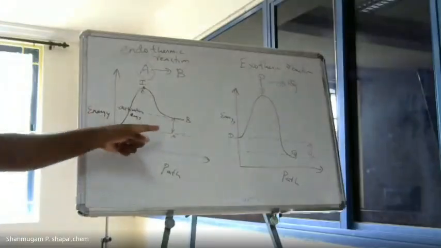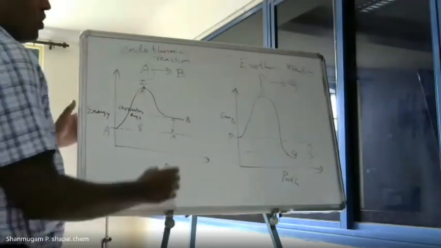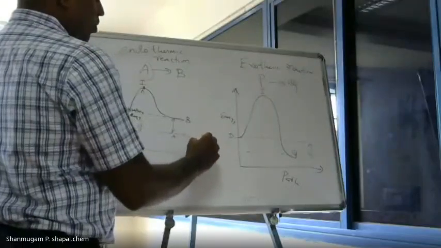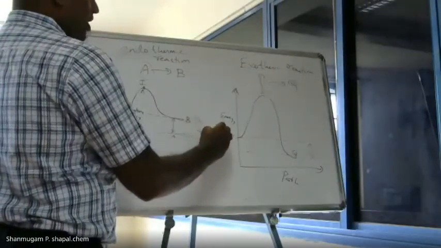So if you do an enthalpy calculation here, with H1 and H2, you get a delta H value here.